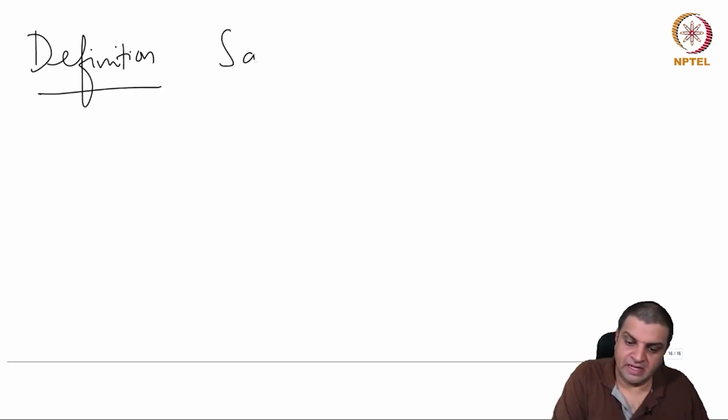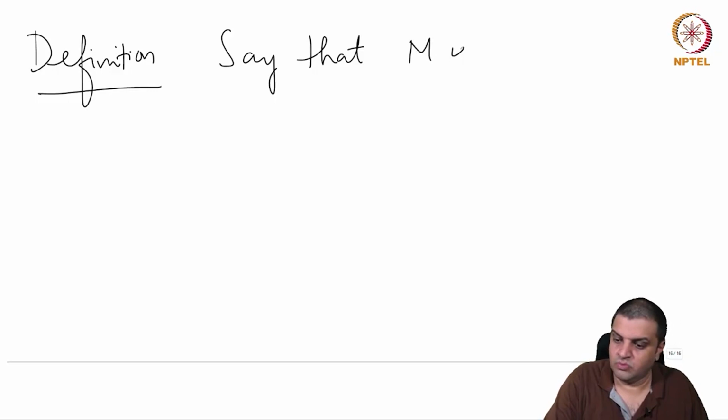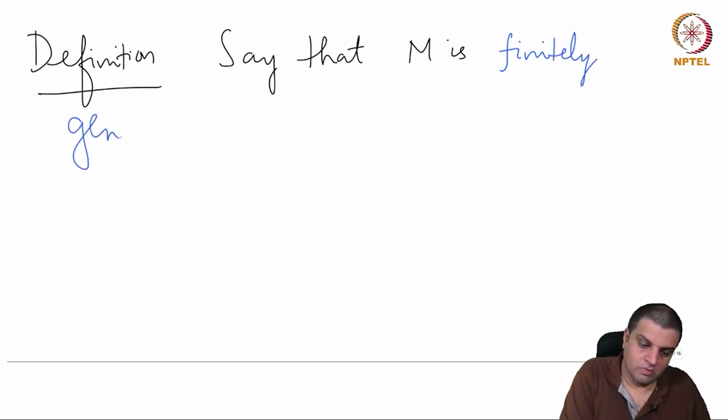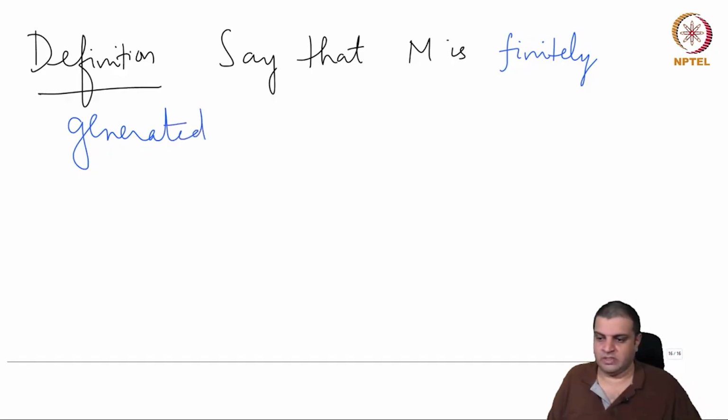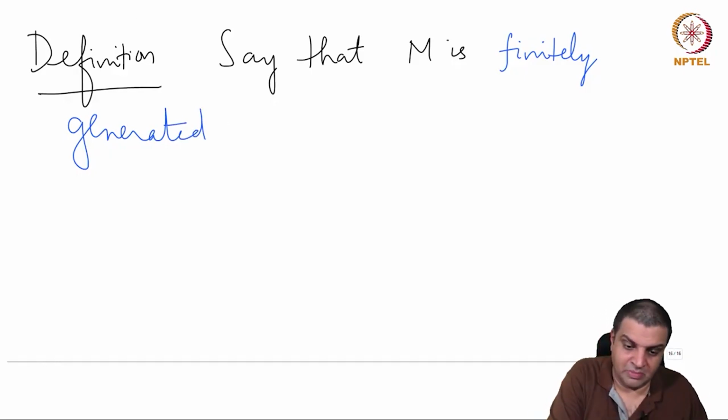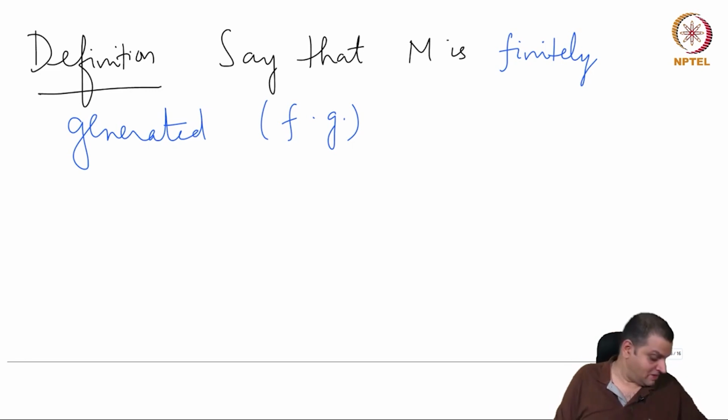Say that M is finitely generated. In other words, again, we will abbreviate this as finitely generated. So this is the third context in which we are using the same abbreviation to mean the same.